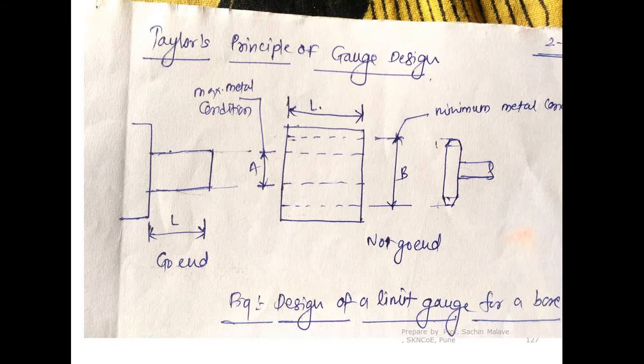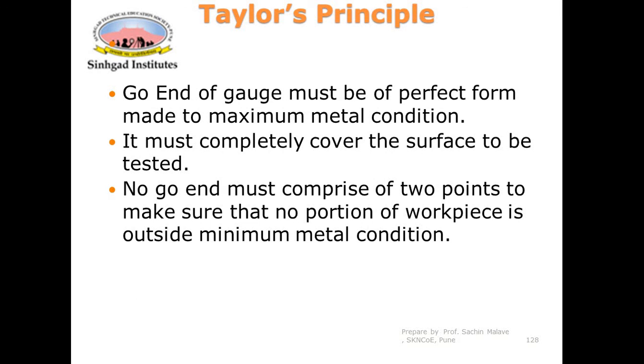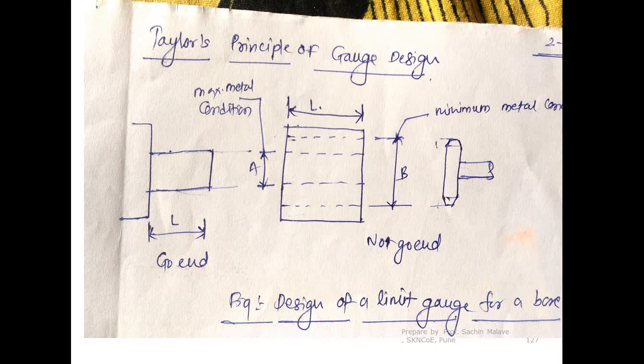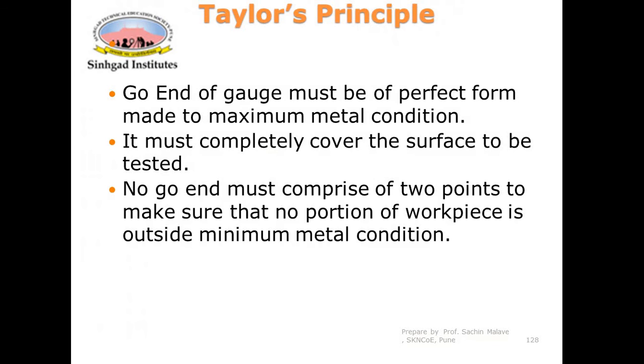The entire surface has to be covered by the go end, whereas the no go end must comprise two points to make sure that no portion of the workpiece is outside the minimum metal condition. So the no go end should be made in terms of two sharp points. Don't make it cylindrical.